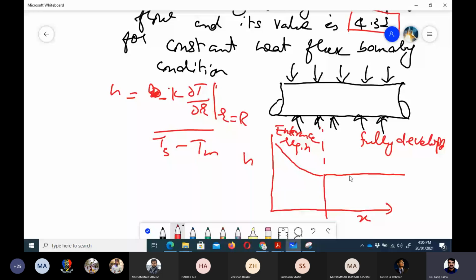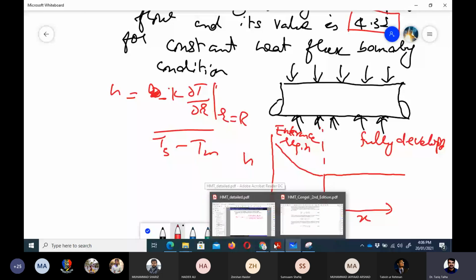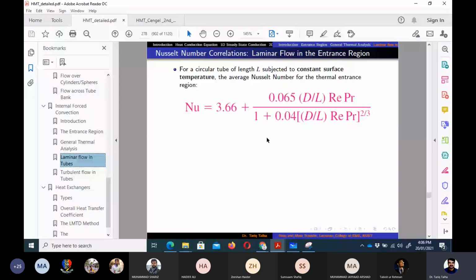So if we are talking about the constant surface temperature boundary condition, it is 3.66 here, and in the entrance region it should be greater than that. So they have shown it here as 3.66 plus this value.